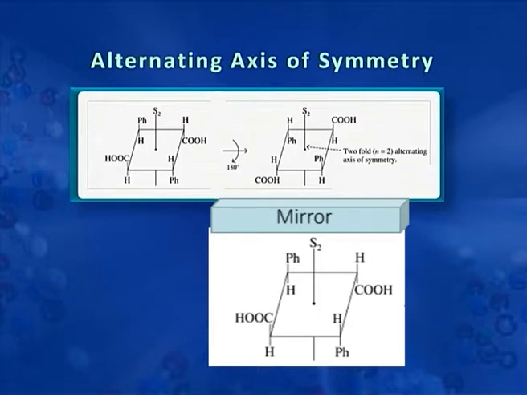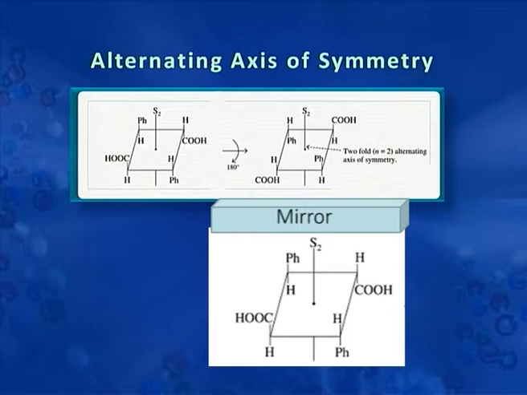And now, if I compare this structure with our original structure, what do we find? We find that they are exactly identical, they are matching. This COOH and H, this phenyl H, this phenyl H, and so on.